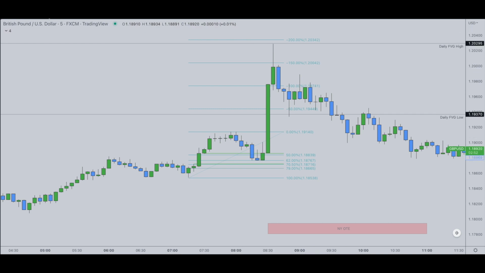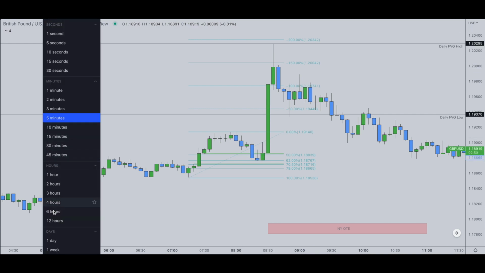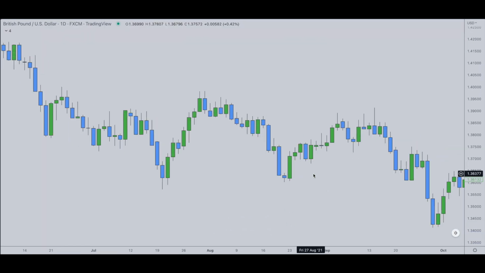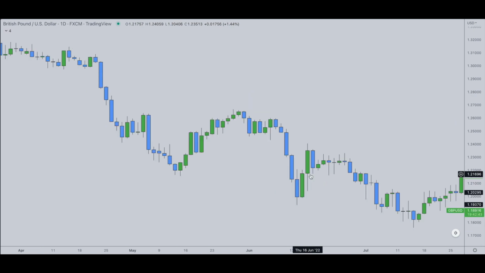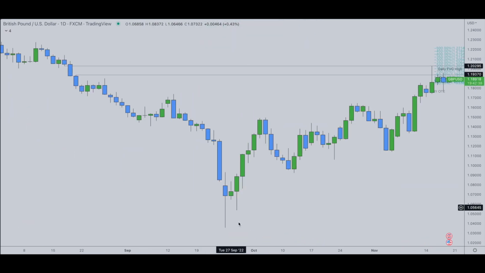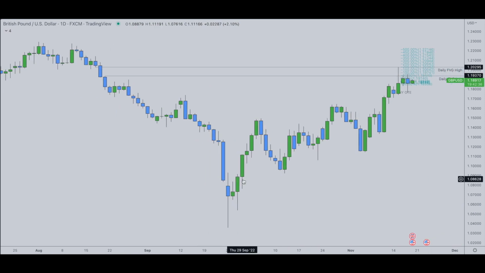So I'll go ahead and zoom out to the daily chart. This is that daily candle here.